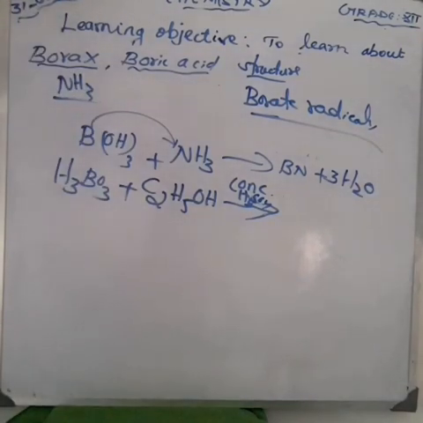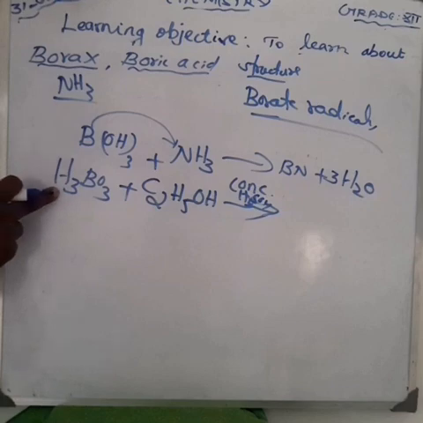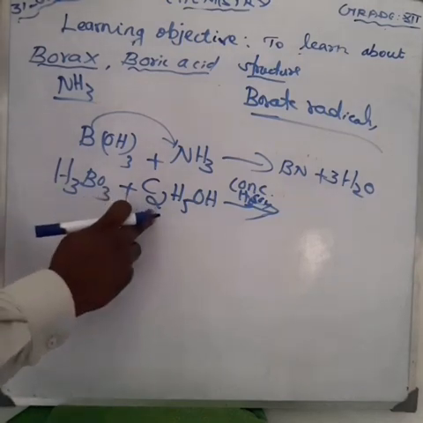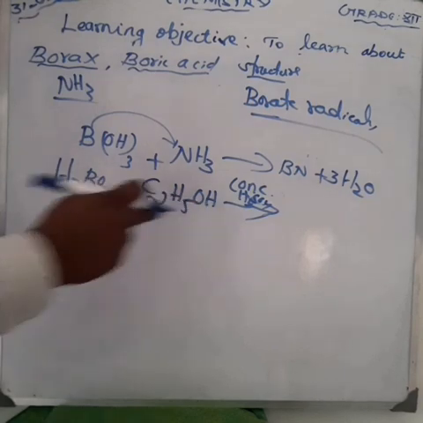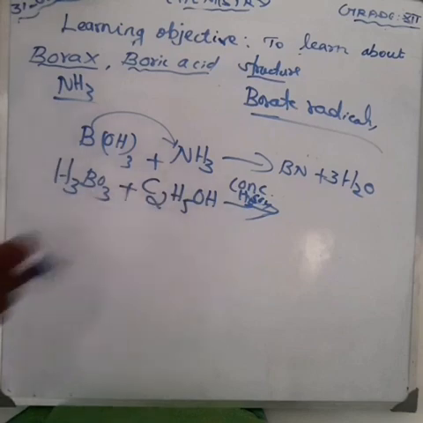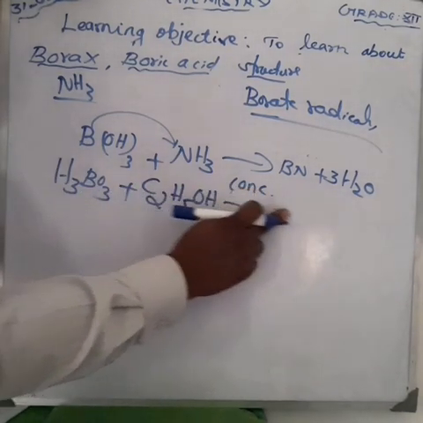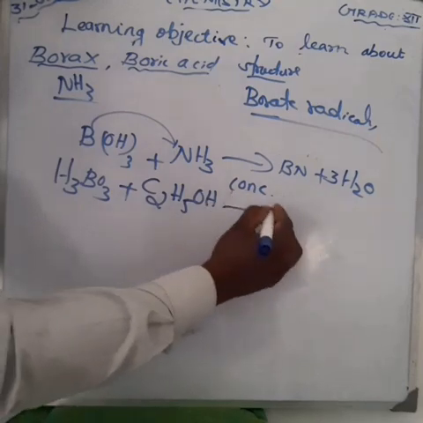Okay, what is the formula for boric acid? H3BO3. Say all of you, what is the formula for boric acid? H3BO3 reacts with ethyl alcohol. What is the formula? C2H5OH, ethyl alcohol. Am I right? C2H5OH in the presence of concentrated sulfuric acid. Okay, so what are the possibilities here?